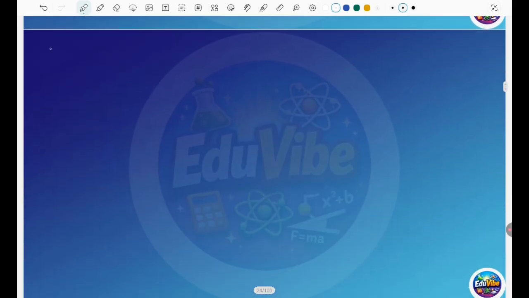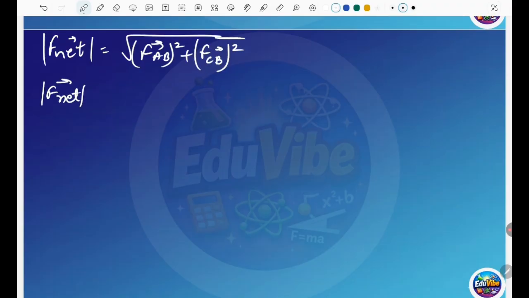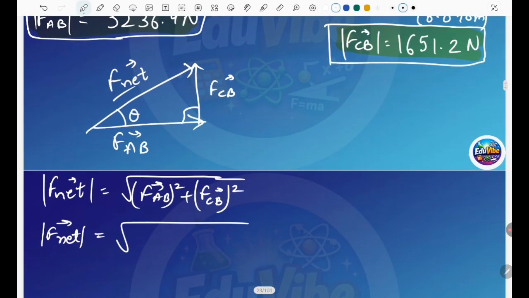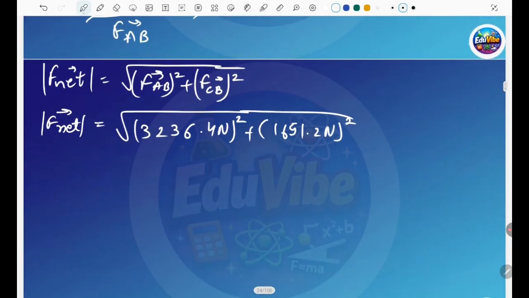So for this it is again simple. As we do in momentum and impulse, we deal with vectors. Same thing we have to do in this. So the net one is equal to the square root of force from A to B squared plus force from C to B squared. So it is 3236.4 newtons squared plus 1651.2 newtons squared, and whole root.